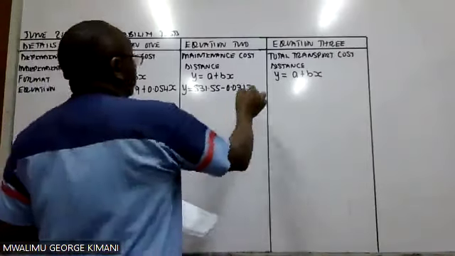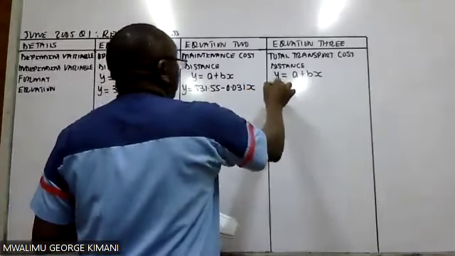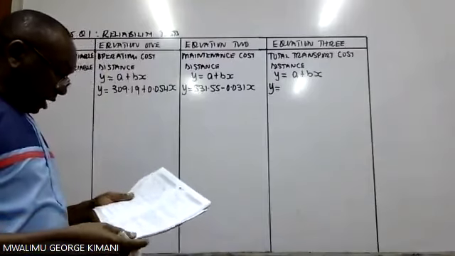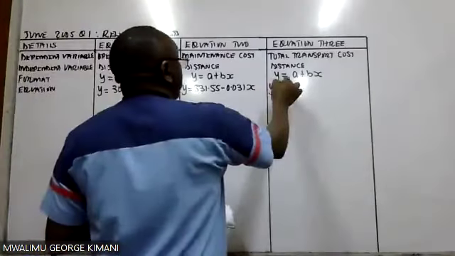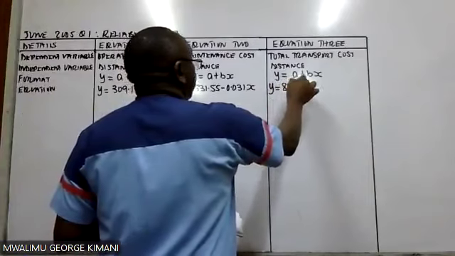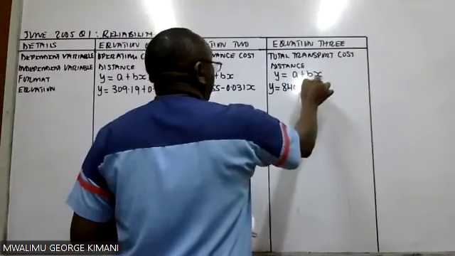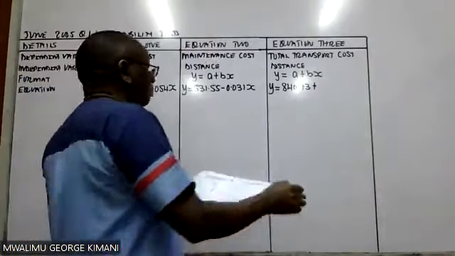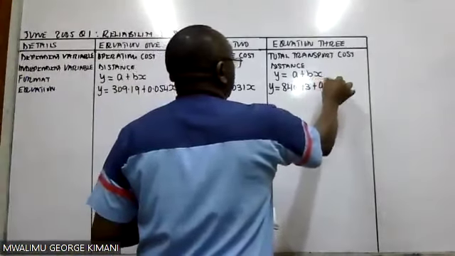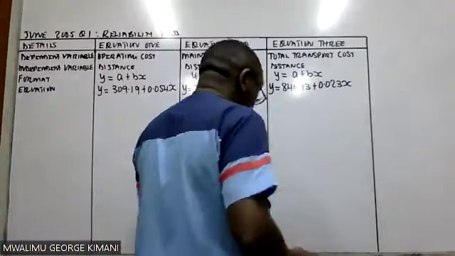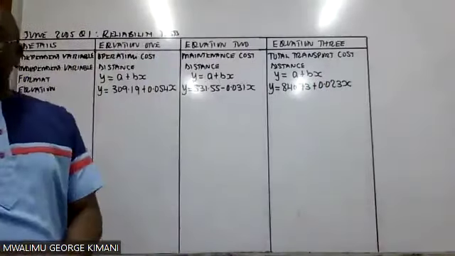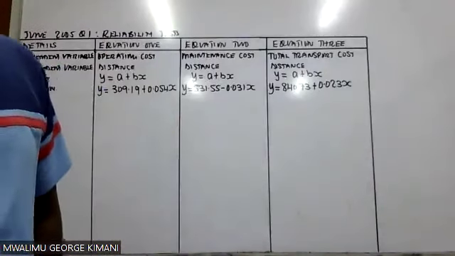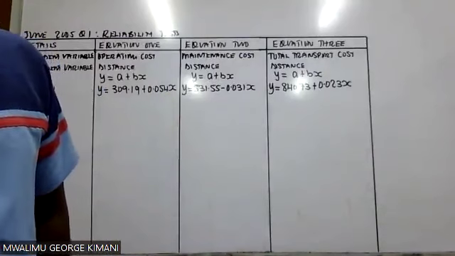And then on this side, we have y equals 840.73 plus the slope 0.023x.